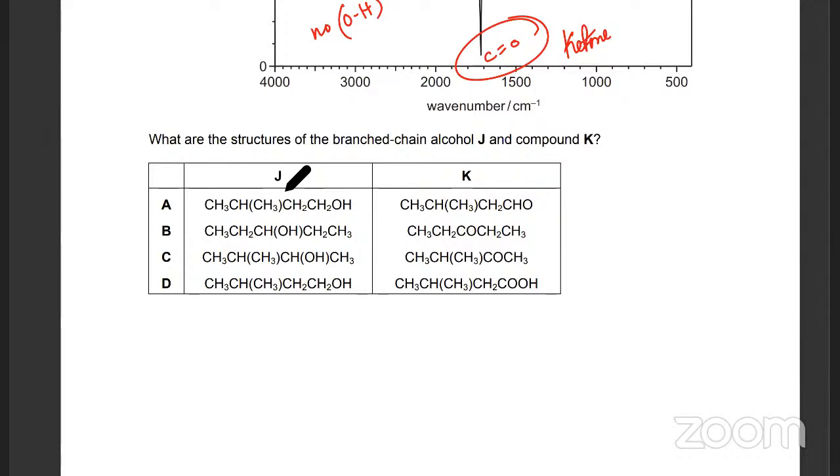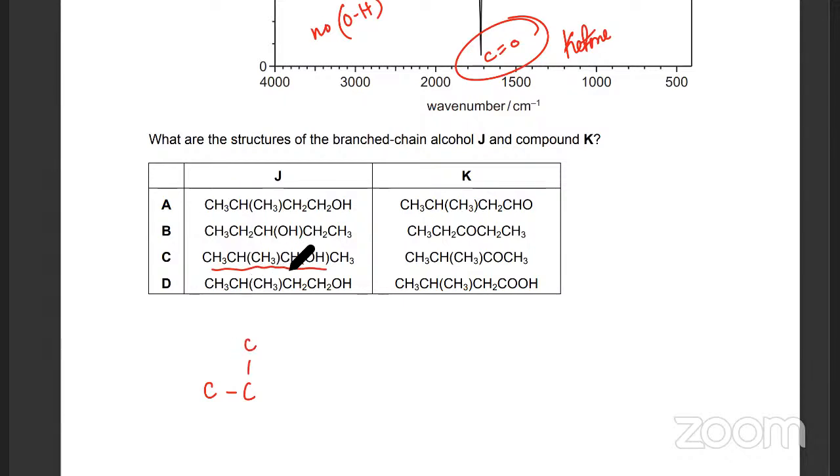The third one, C. I don't think C is. I think B. OH is on the second carbon. I'm doing this one first. C, then you have another C, and this one has a CH3 branch, right?